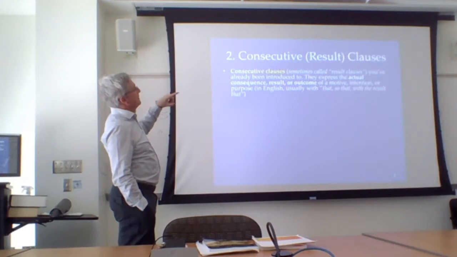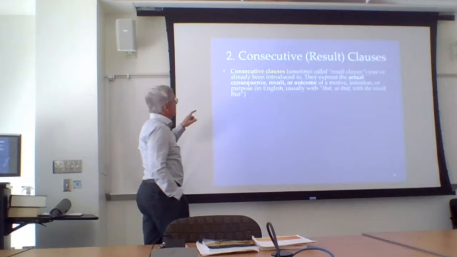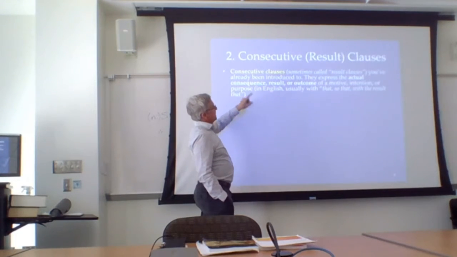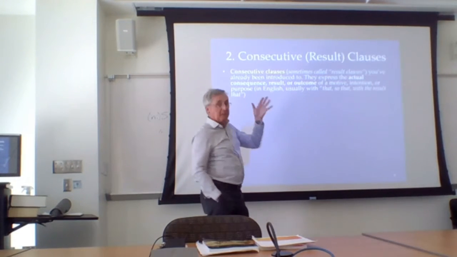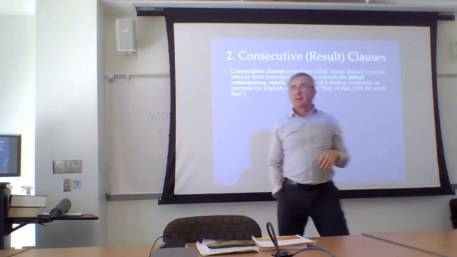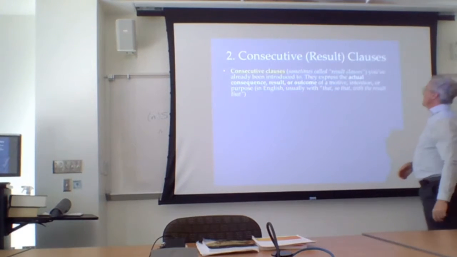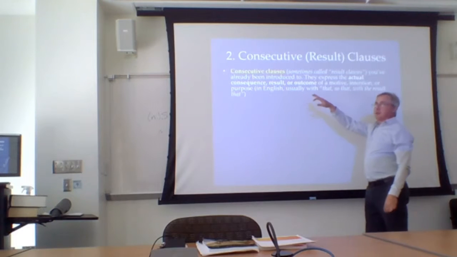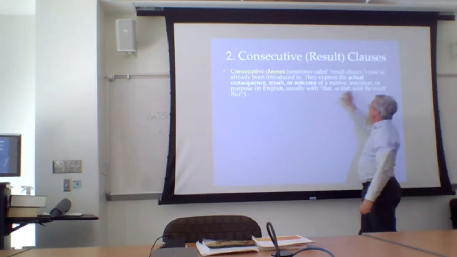So here's my little spiel on consecutive clauses. You've already been introduced to these. They express the actual consequence, result, or outcome of motive, intention, and purpose, so they're kind of related, and they share a similar set of conjunctions. In English, we often translate these as that, so that, with the result that, although that's just wordy.